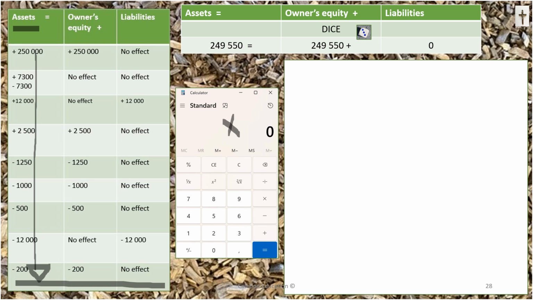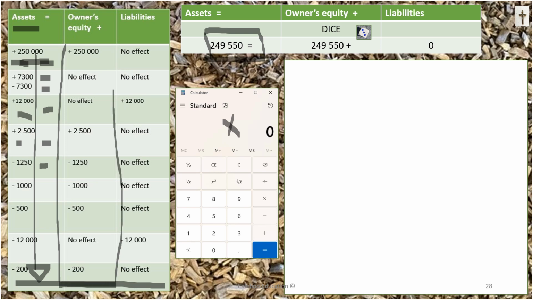You need a basic calculator because all you're doing is you're adding and subtracting here. And if the assets are added up and subtracted, 250,000 plus 7,300 minus 7,300 plus 12,000 plus 2,500 minus 125, etc. The assets will equal 249,550.